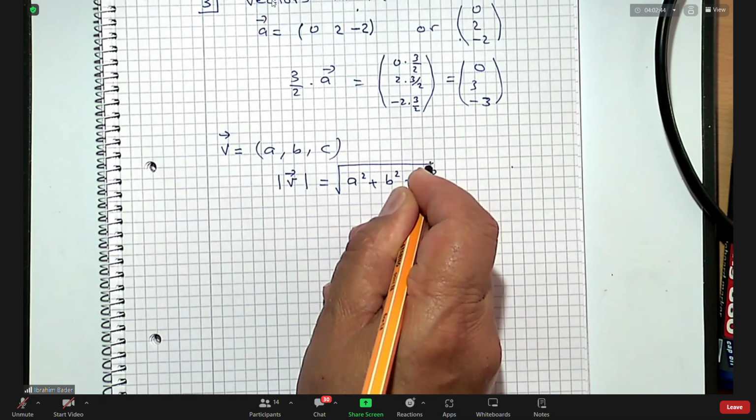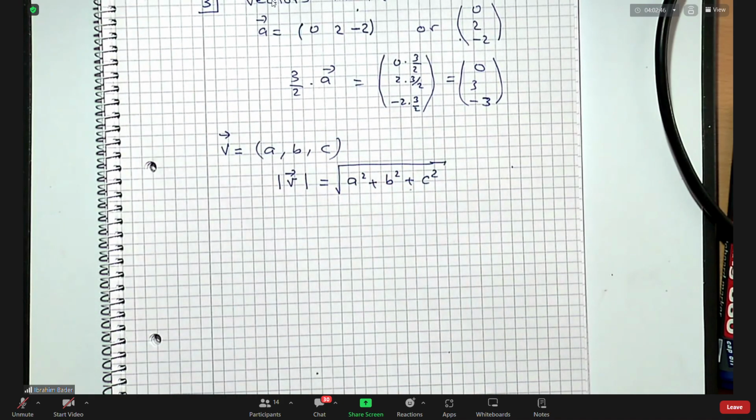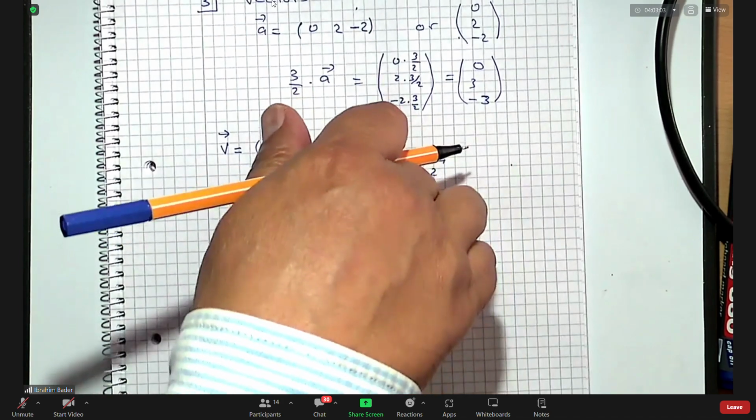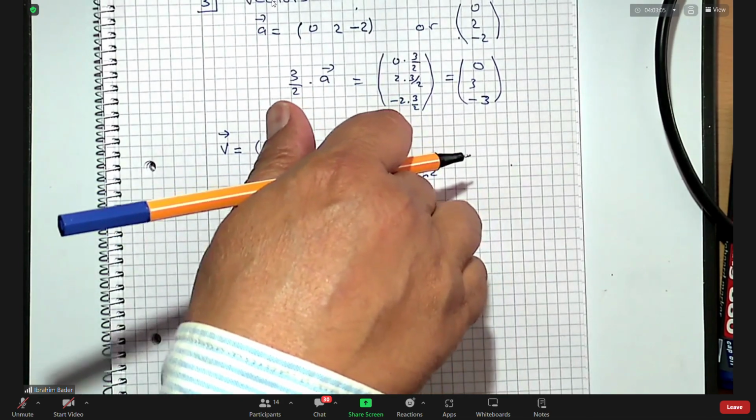Here you have to be careful. If you have a negative and you square it, it becomes positive. I see some students, if they have -2 squared, they write -4. No, it's -2 all squared, and it will give you +4. So as it's defined here, the magnitude is never negative.